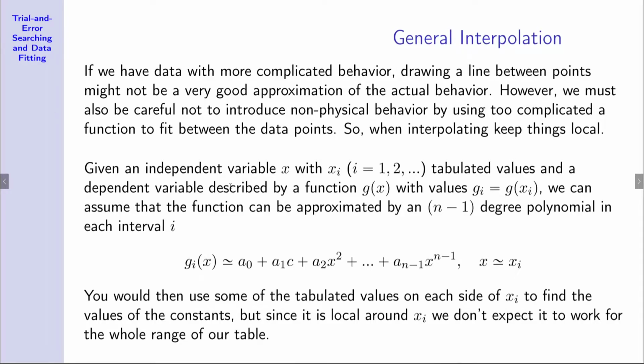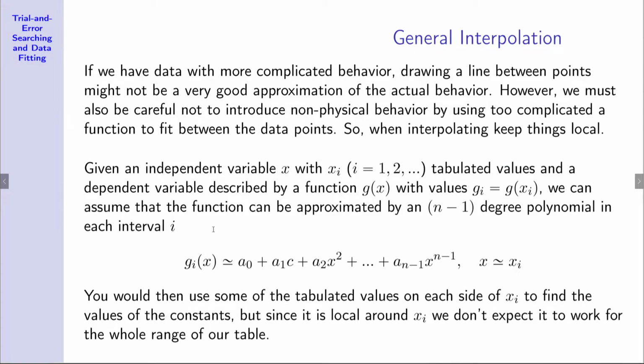And we want to then also be able to describe some function g of x, our dependent variable. And we have measurements of this value, which we have these g_i terms, which should be this function evaluated at the tabulated x values.